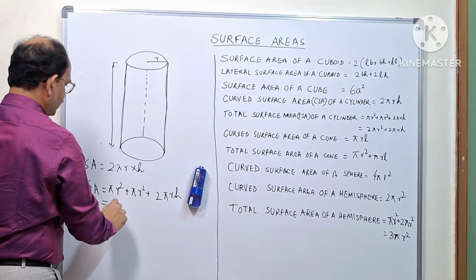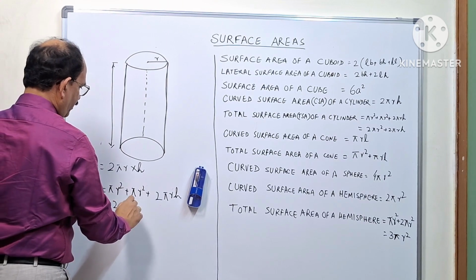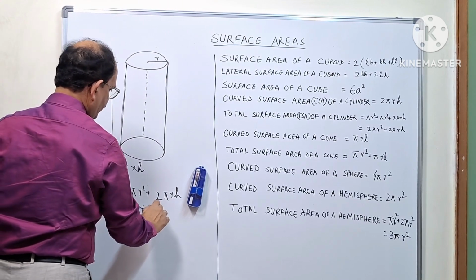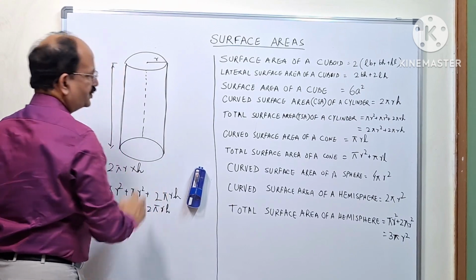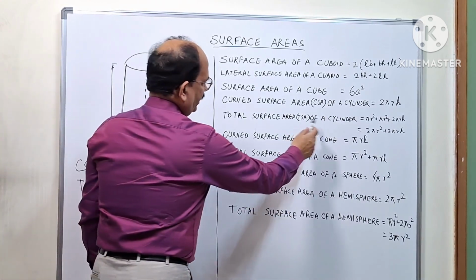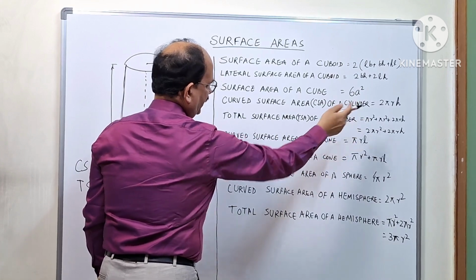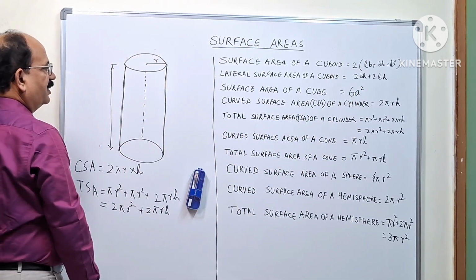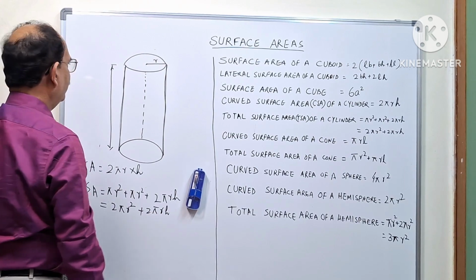Therefore, the total surface area will be equal to 2 pi r square plus 2 pi r h.